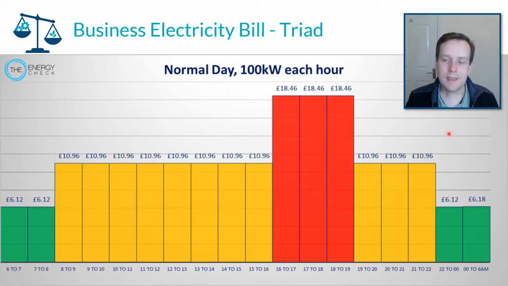So if we look at a normal day with 100 kilowatts each hour, this business is using 100 kilowatt hours each hour, and this is their cost for charges: £6 in green to £18 in the red period.